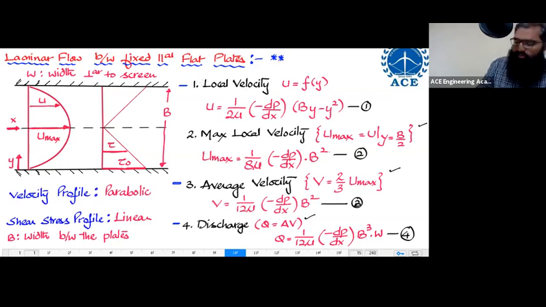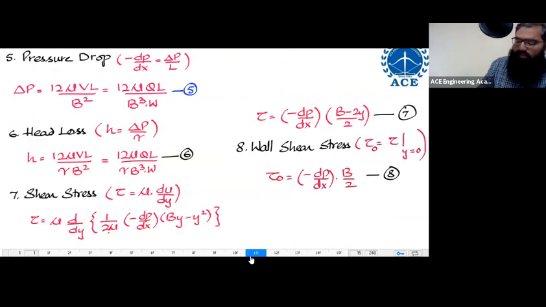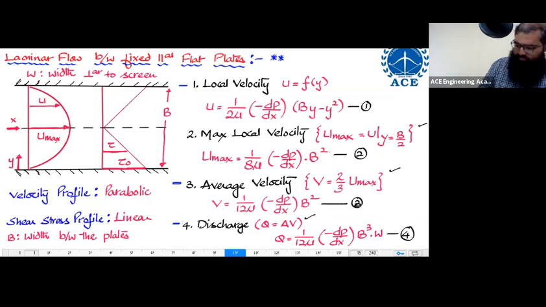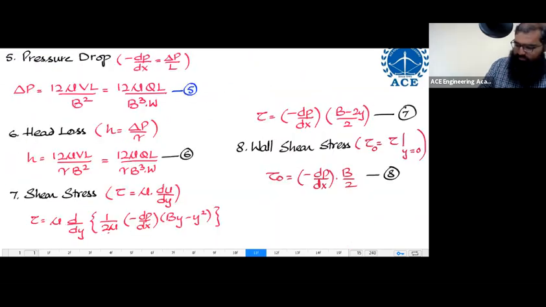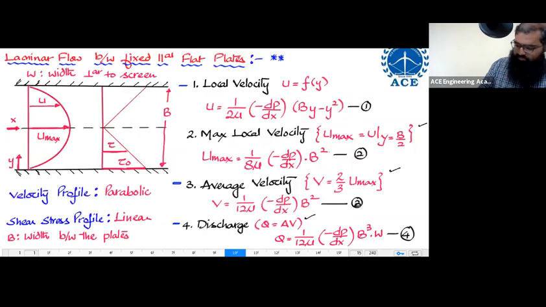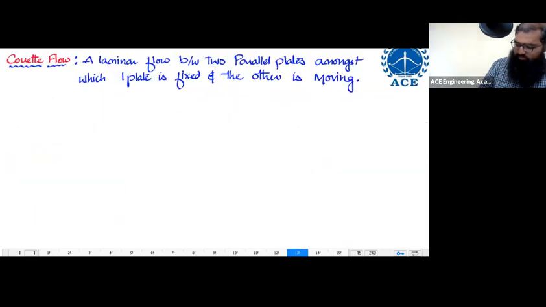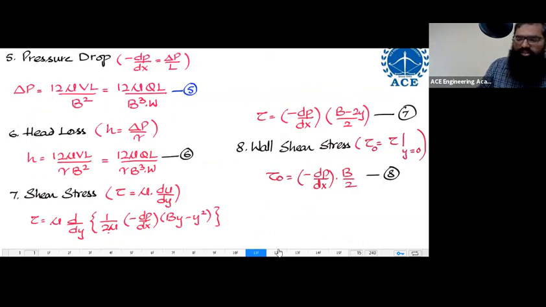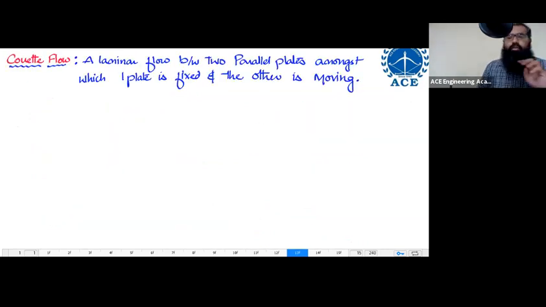You have written these three formulas, I hope. Also write the formula for shear stress. So four formulas: average velocity, discharge, local velocity, shear stress. You already have those formulas, but still write them again. They will be helpful over here.